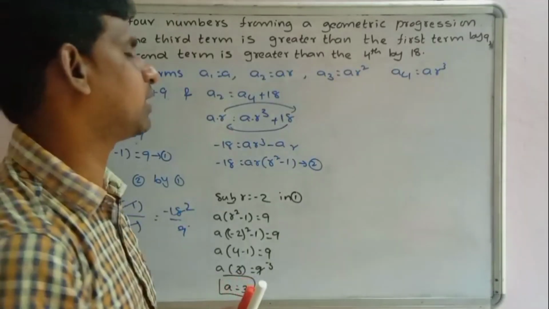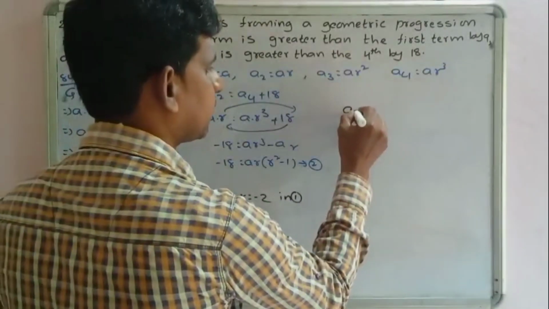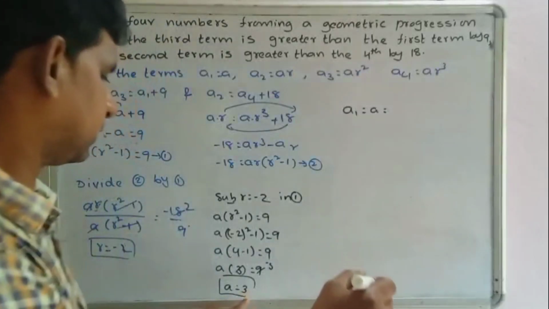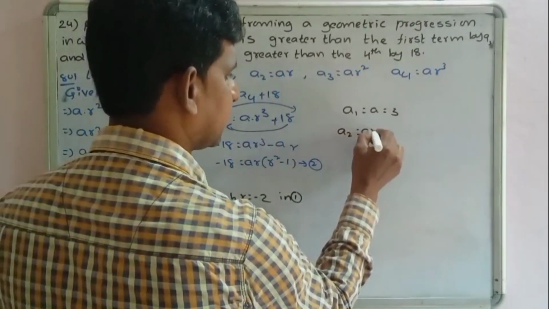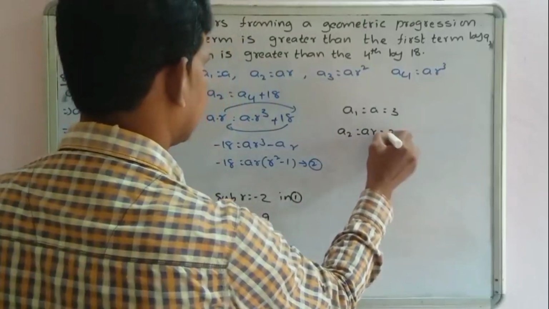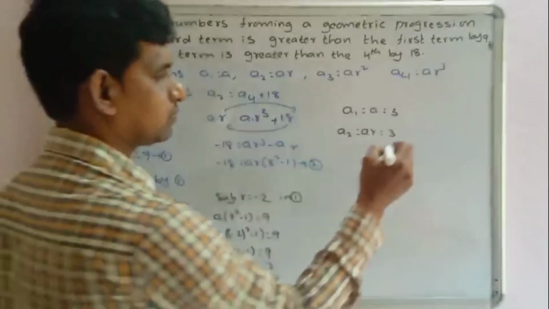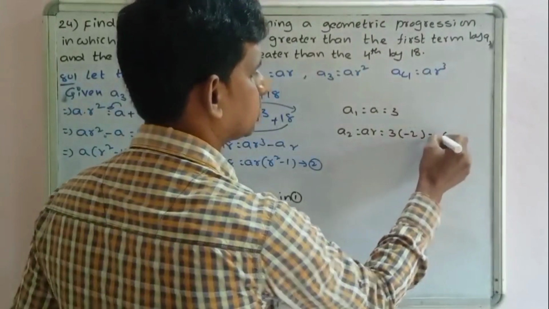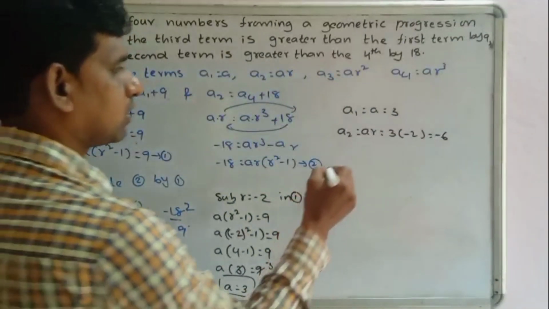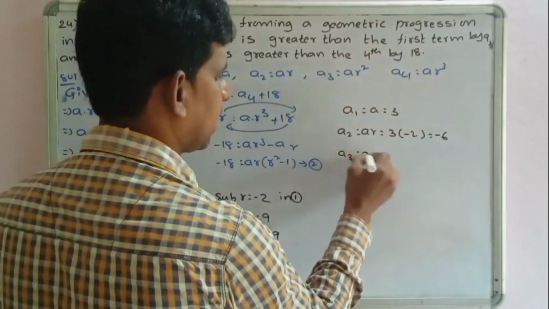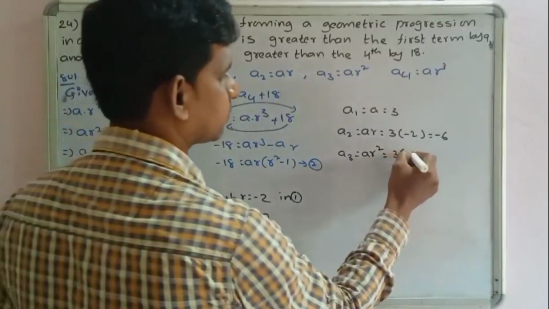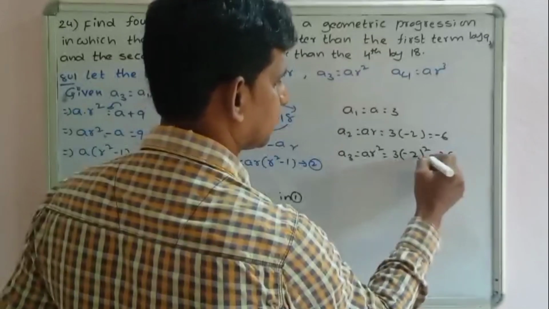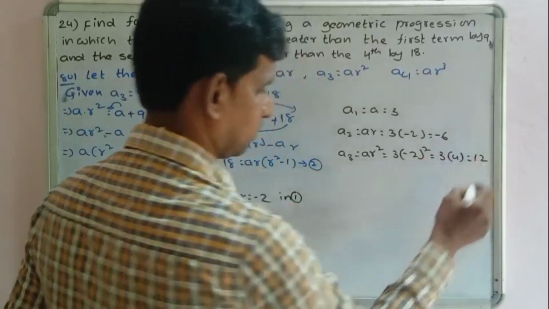Now we will find the first 4 terms. First term A1 equals how much? 3. Second term A2 equals A into R, A value 3, R value minus 2, that equals minus 6. Third term A3 equals A R square, so 3 into minus 2 whole square, 3 into 4, 12.